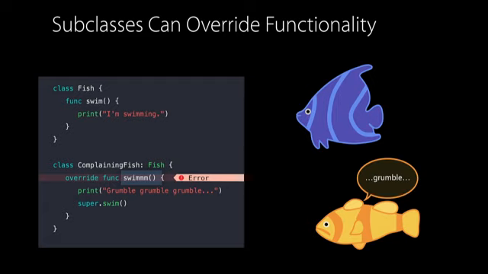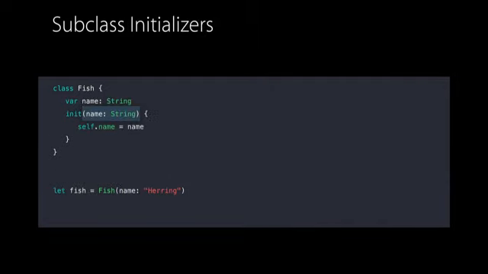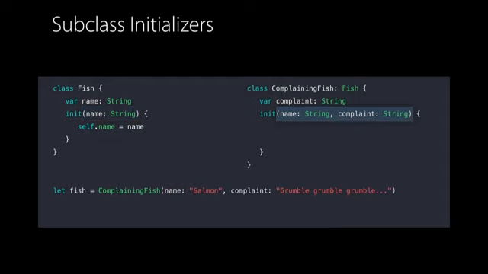A subclass can also provide an initializer. For example, Fish has an initializer that takes a name. Complaining fish needs an initializer with both a name and a complaint. Inside the initializer, you set the initial value for the properties declared by the subclass.